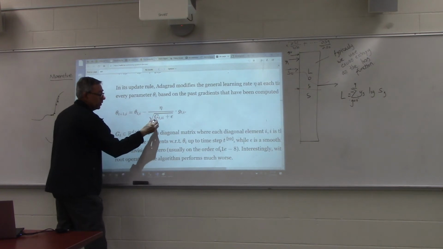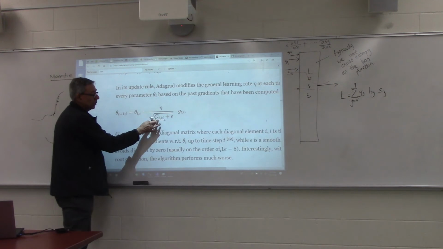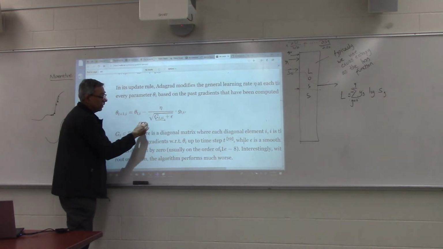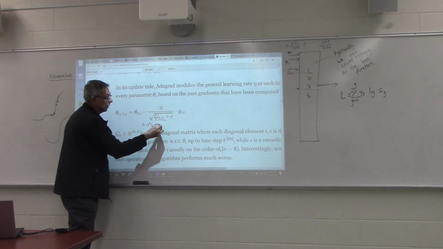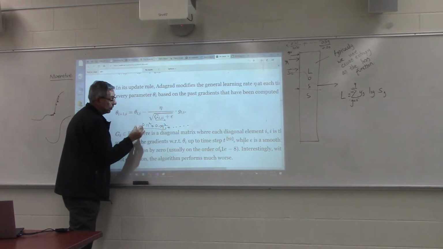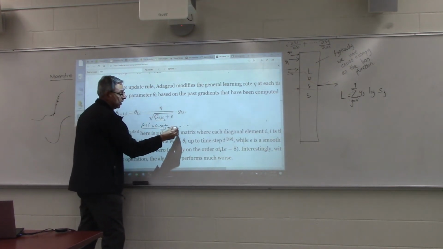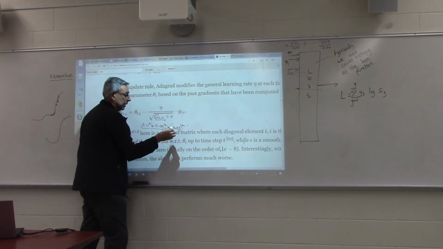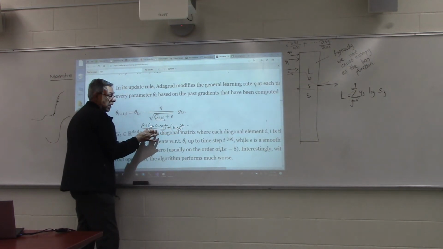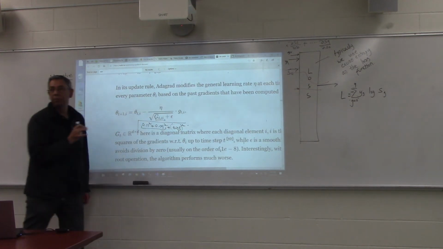So this number, as you can see, will always become bigger and bigger. And because this is the square of the gradient, for example, 0.11 square plus 0.09 square plus, right? So even if next time as we go through one more time it is 0.03 square, you can see it's adding to this value. So this will keep becoming bigger and bigger.